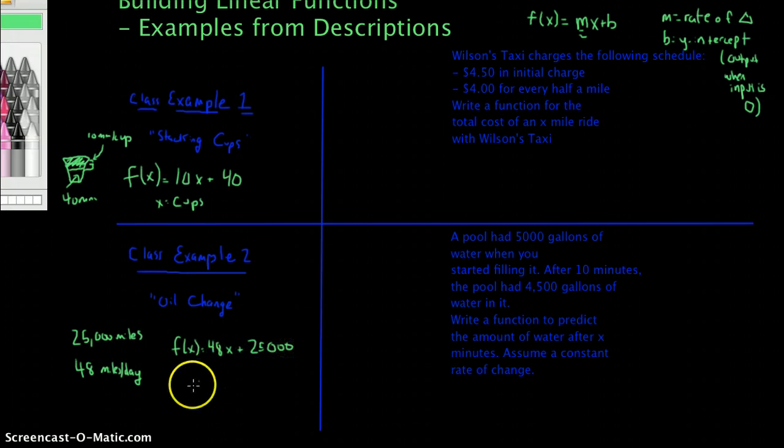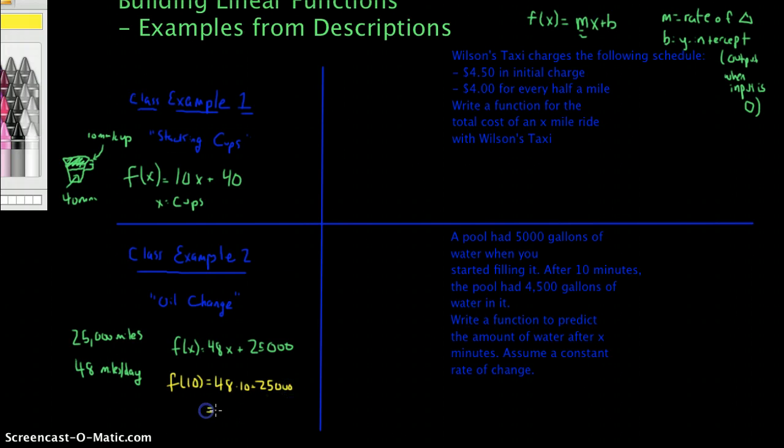If I wanted to figure out how much I'd have after 10 days, all I have to do is plug in a 10 for x. So f of 10 is going to be 48 each day times 10 days plus 25,000.